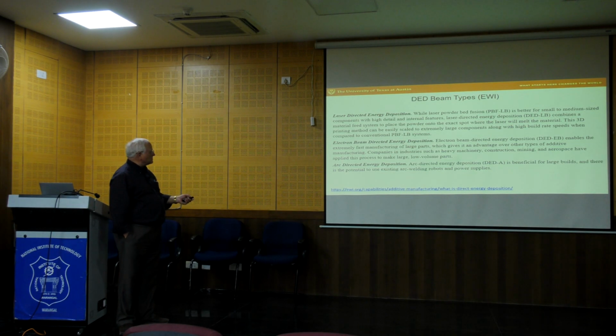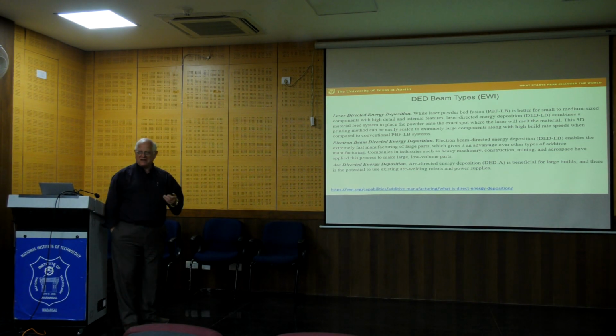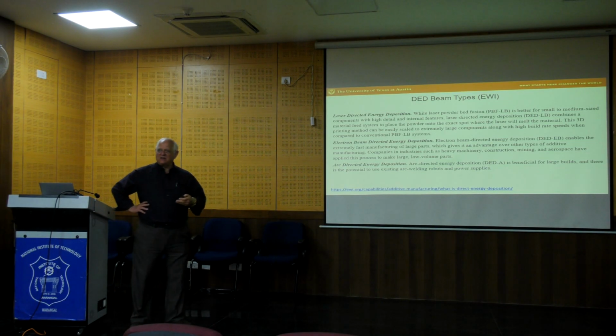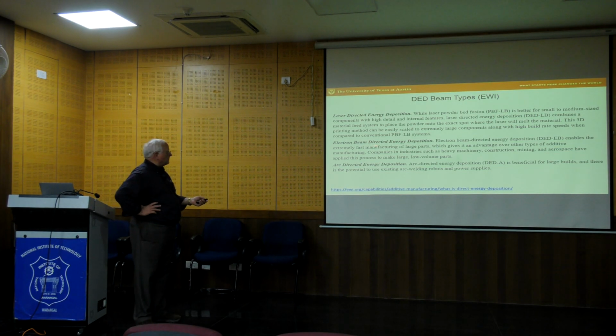The second one uses an electron beam energy source, and we call the laser beam DED-LB. The electron beam DED-EB is typically the way it's written. And again, this is consistent with 52900. So basically we can use this for manufacturing.